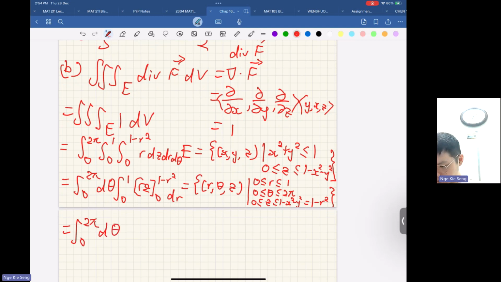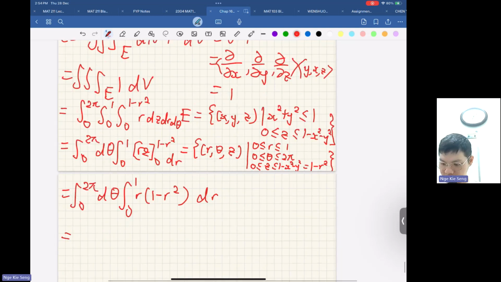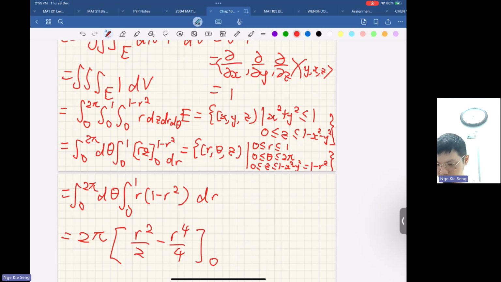I just get r times 1 minus r squared, minus 0. And then 2 pi times r squared over 2 minus r to the power 4 over 4, from 0 to 1, which is 2 pi times 1 over 4, which is pi over 2.